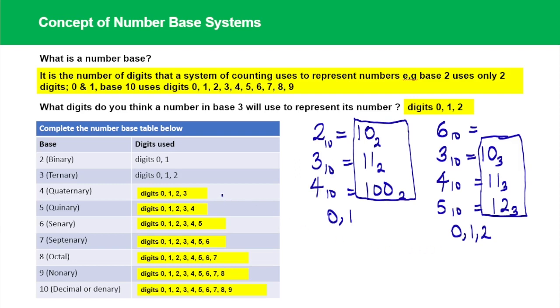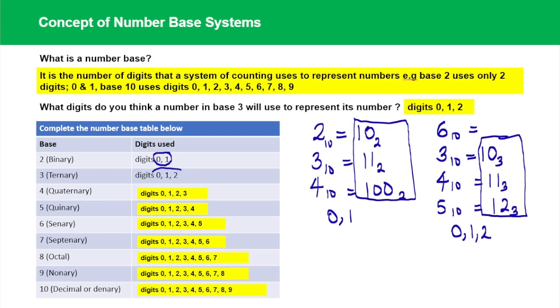Also, another interesting thing to note from the table is that the digits used by a particular number-based system are each less than the base. For instance, the digits used by the base 2 number system are zero and 1, which are each less than the base.